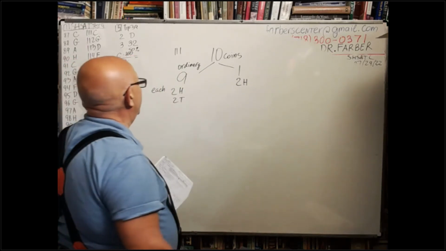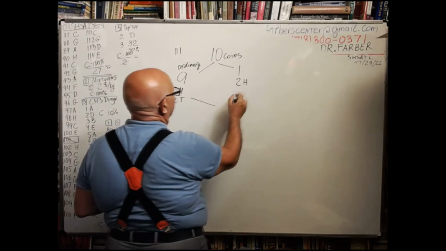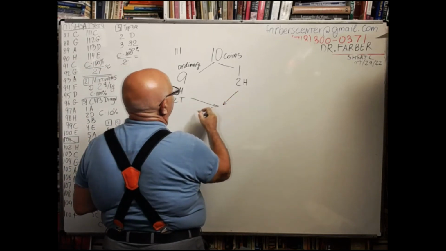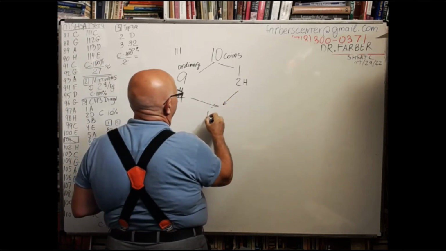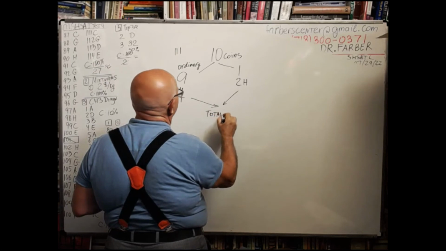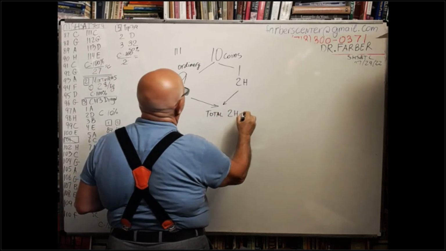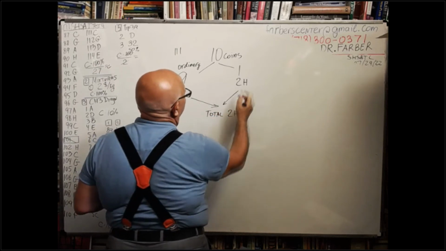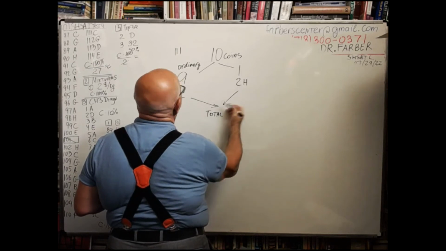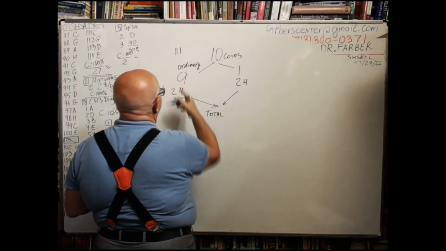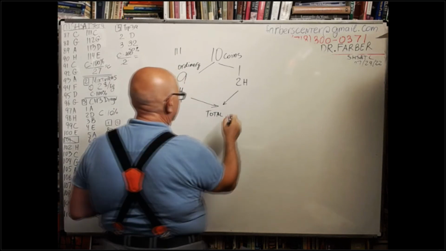So how many heads do we have in total? Complete this graph. In total, we have 2 heads plus, starting from the left part, 1 times 9, because we have 9 coins.